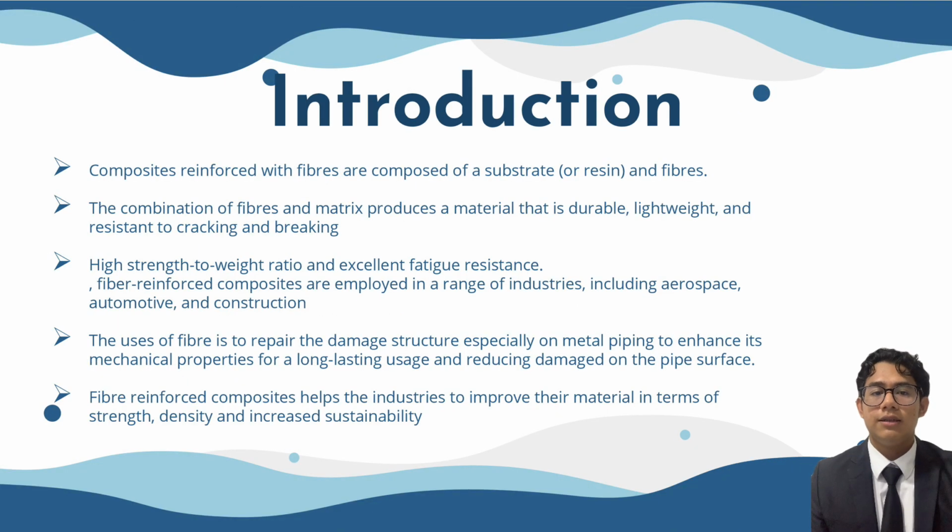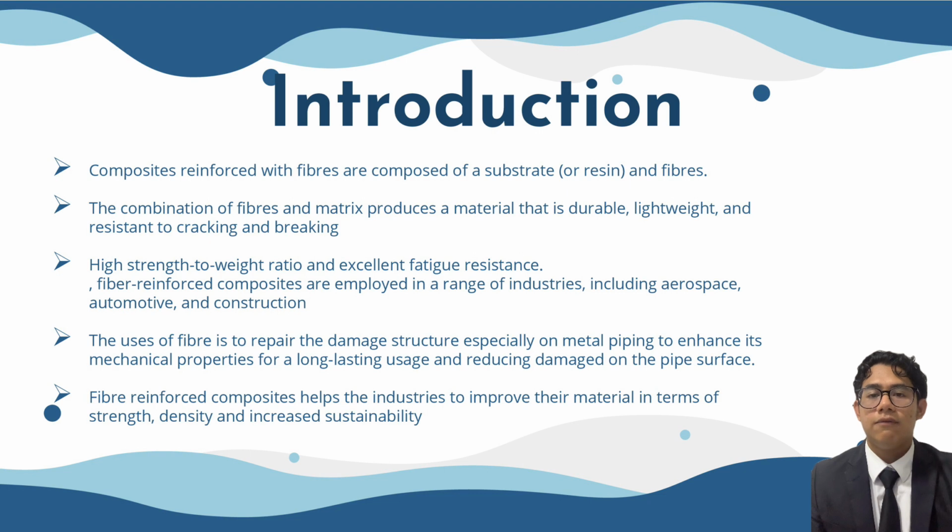For the introduction, composite reinforced is composed by combining resins and fibers. The combination of the fiber produces material that has properties of lightweight, durable, and also resistant to cracking and breaking. Other than that, high strength to weight ratio and excellent fatigue resistance make most companies, including aerospace, automotive, and construction, use FRP in their projects.